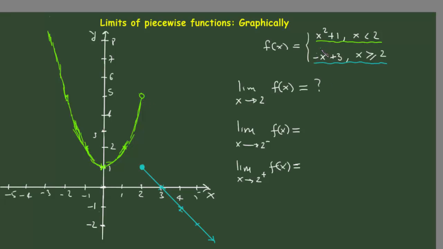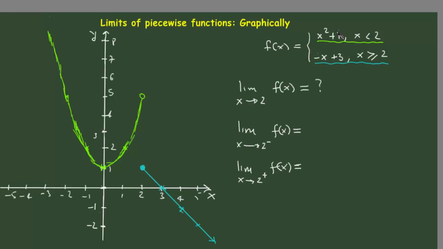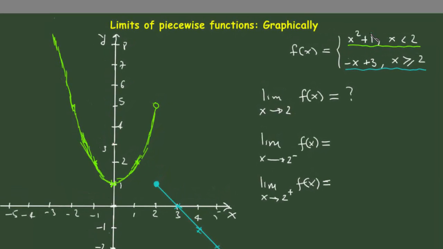Now with plus 1 here, the output is y equals 1 when x equals 0, and this is what we got here. If we go to x equals 1, we're going to have 1 to the power 2 plus 1. This is 2, and we have 2 right here. We can continue by taking a negative value of x.